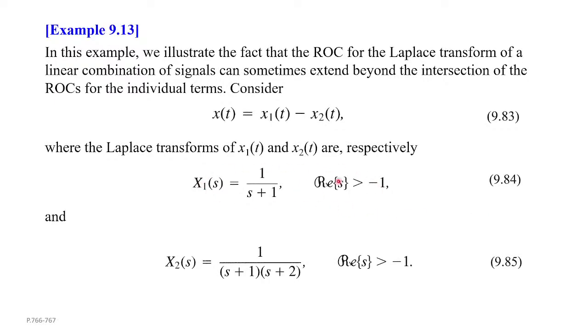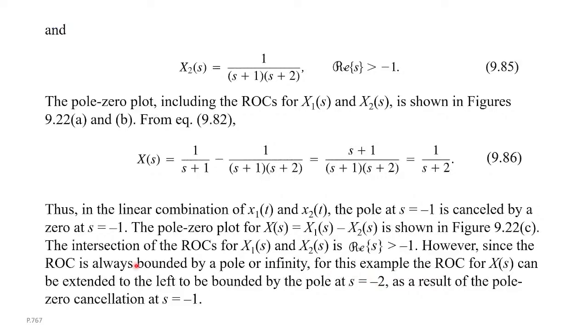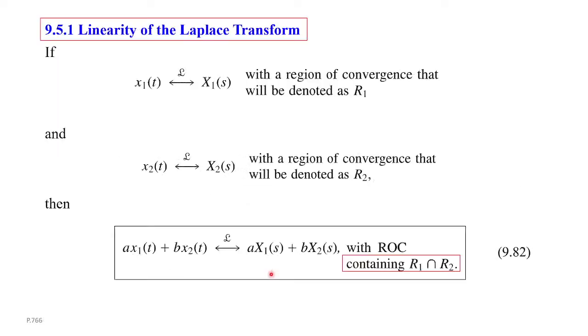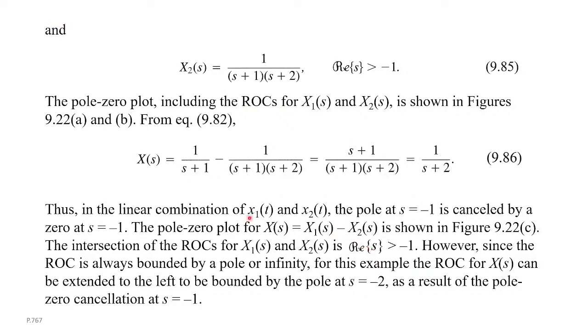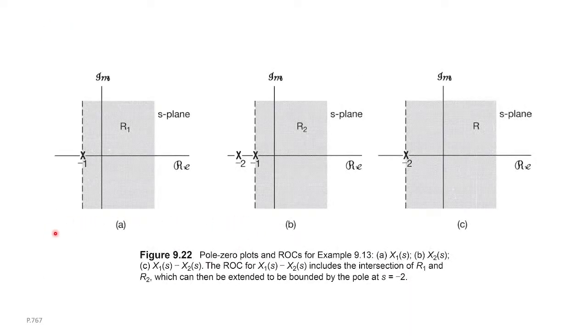That's because the divergence at -1 cancels out. So the ROC is actually going to extend to -2 here. That's one of the weird examples where the ROC is bigger than the union because some singularity cancels out.